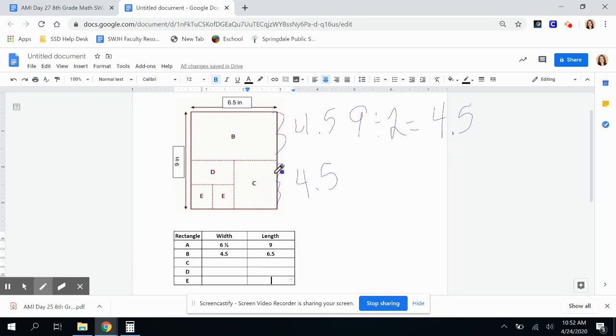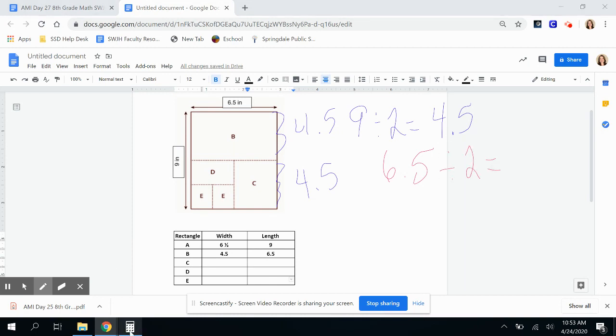So now that we finished with B, we said it is 4.5 by 6.5, and that's what we wrote down. Now let's focus on C, and we just said that this C is going to be 4.5 here. Then we just need to find this new dimension. We know at the top here is 6.5. If I'm dividing by 2, what are these two parts right here? So I need to do 6.5 divided by 2.